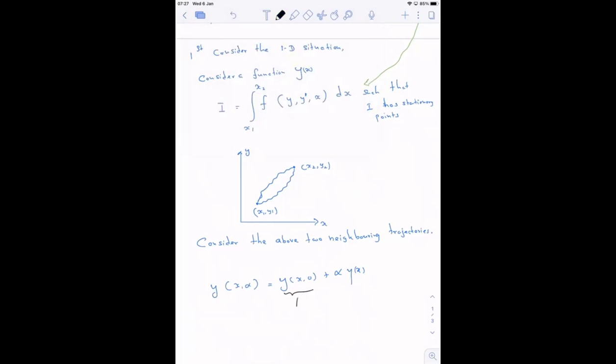So this one right here, y(x, 0), let's say this is one of these original functions that you can see in the diagram. So this is the original function that we start with, right? And then this alpha is the parameter that shows the amount of change.